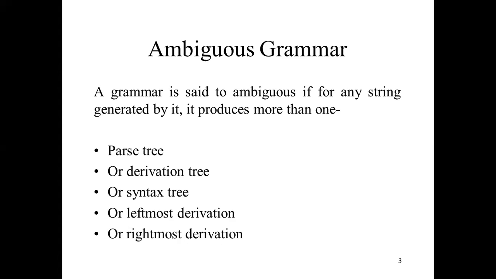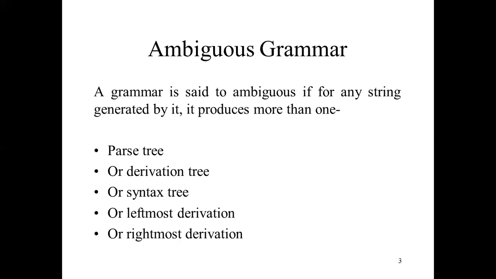So the lexical analyzer divides a whole program into a number of strings. It is scanned by the lexical analyzer, and for each string we draw the parse tree, or we can say the syntax tree.